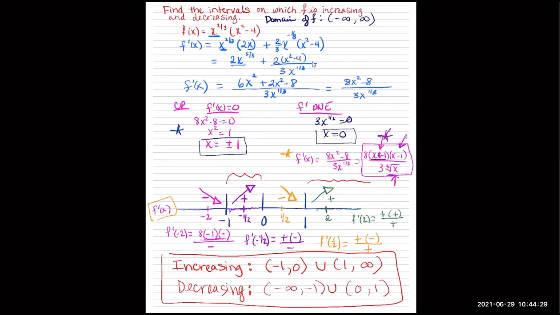And by the way, even if one of these points where the derivative was not defined turned out to not actually be a critical point, probably because it wasn't in the domain of the function, you still need to mark it on this number line, because those are the places where the derivative can change sign, where it could go from positive to negative.